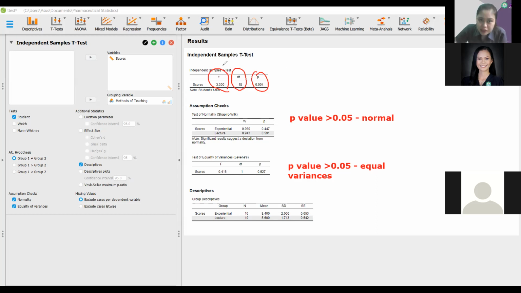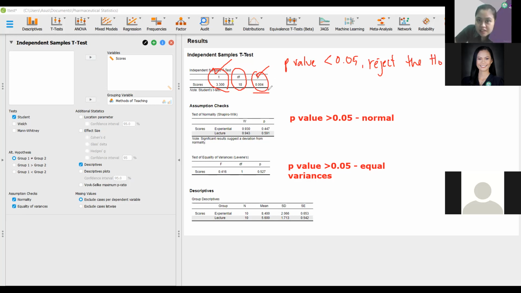For the interpretation, you can use either this one or this one. But to make life easier, if we use the t-score, we still have to look at the table. But with the p-value, it's direct. If the p-value is lesser than 0.05, reject the null hypothesis.